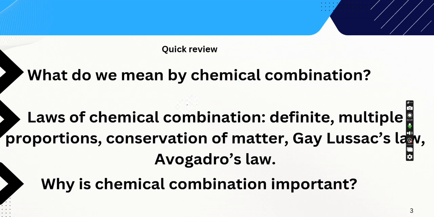Probably you are right, let's check. Chemical combination explains how atoms are joined together to form a new substance, defined by their valency, in order to achieve a stable electron configuration.